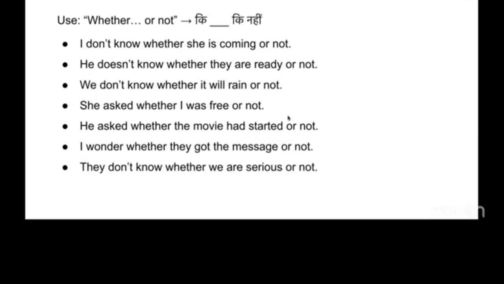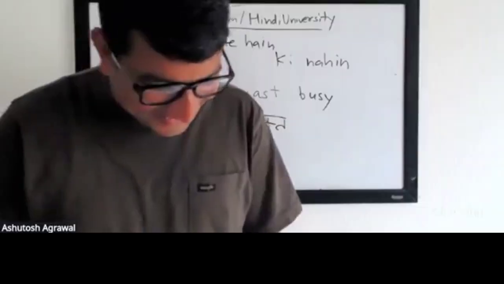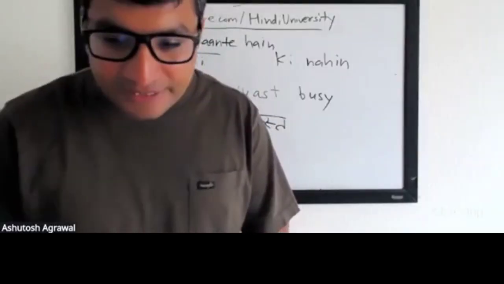Okay. मैं व्यस्त हूँ कि नहीं. You can say that as well. They don't know, उन्हें नहीं पता. Okay. और वे नहीं जानते whether कि हम गंभीर हैं कि नहीं. Okay. So I know this was slightly, some of the sentences were definitely harder. Okay. All right.